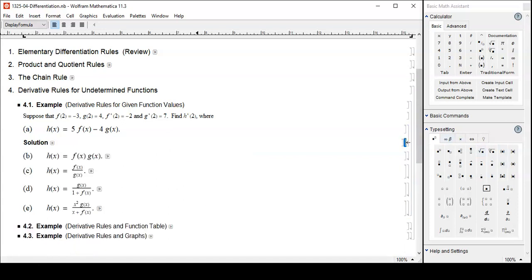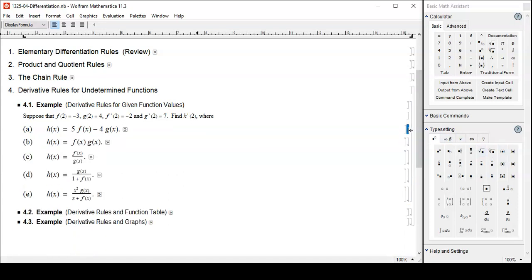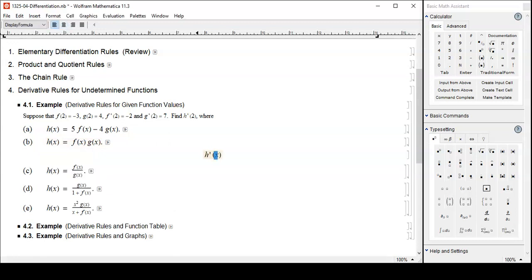Too simple? Maybe that's because the problem was too simple. How about this? What is h prime of x? Now, this one requires a bit of a challenge. That's f prime of x, g of x, plus f of x, g prime of x, isn't it? The reason, the product rule.